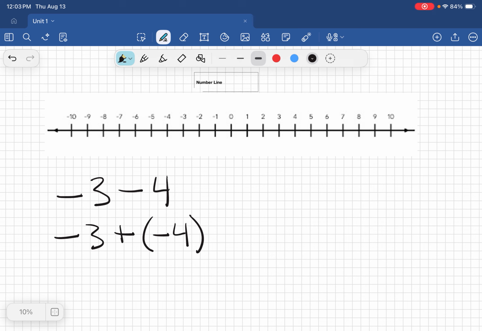Now we're adding two negative numbers. We start at negative 3 and move left 4 spaces. 1, 2, 3, 4. And the answer is negative 7.